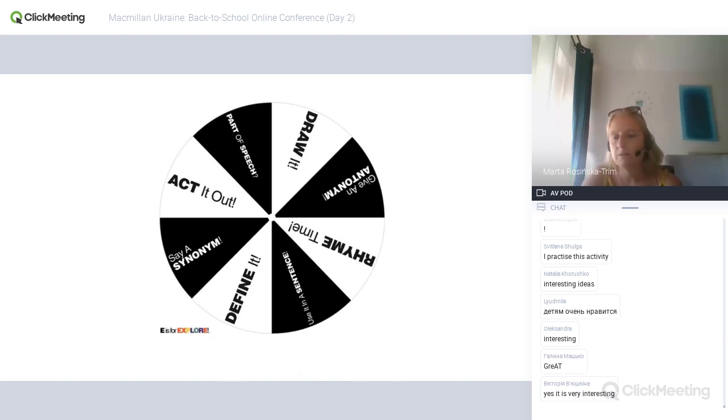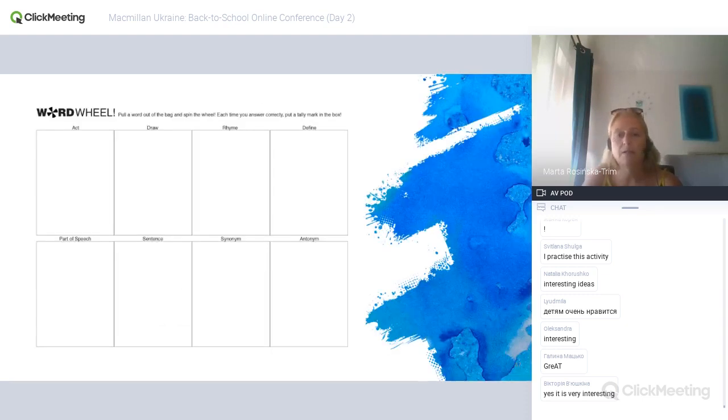How it works is the same as it does with dice. First of all, students choose words for their partner, and they have to choose these words in a sensible way, not a stupid way. So they have to find the expressions, lexical chunks, which can be acted, which can be drawn, which rhyme with something, can be defined. There is an antonym or synonym for, that can be used in a sentence, or obviously you can say what part of speech it is if it's an individual word.